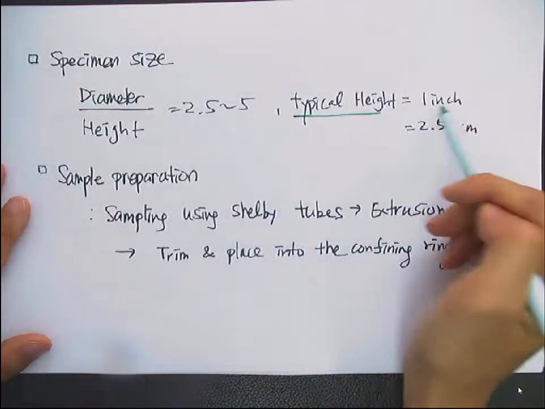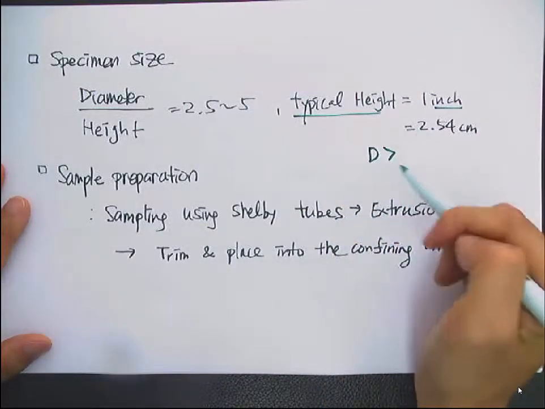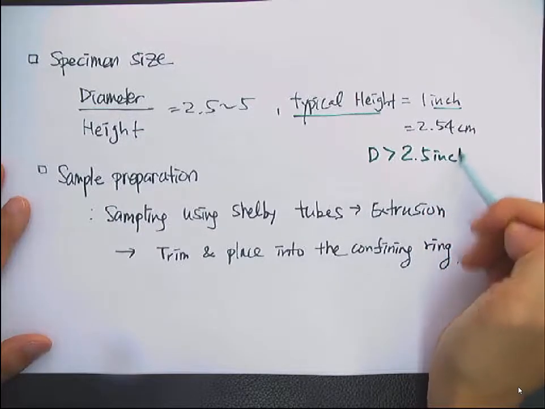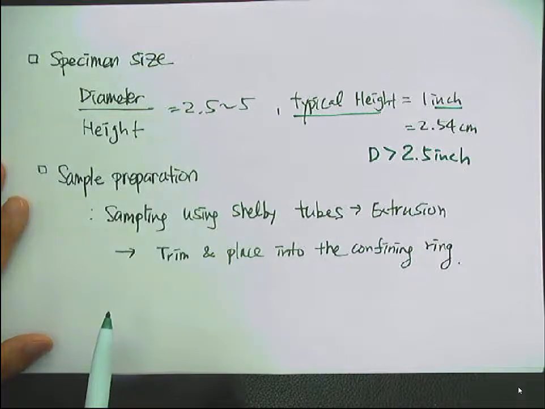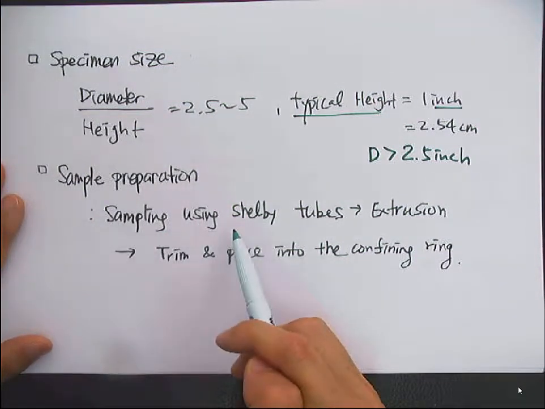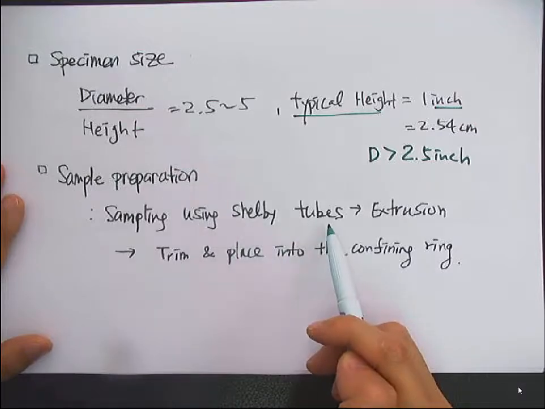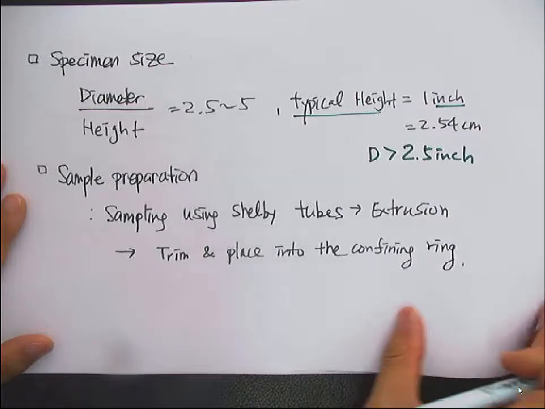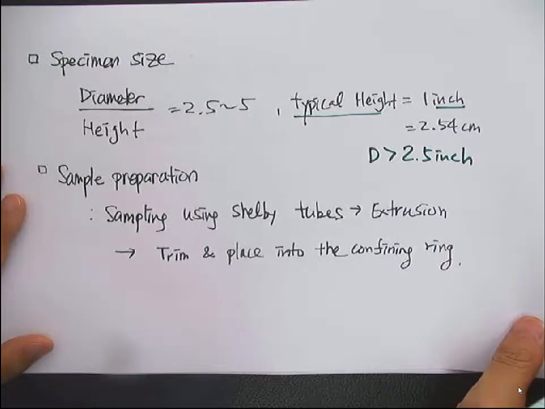Typically, the height is 1 inch and diameter is larger than 2.5 inch. And for sample preparation, you do the sampling usually using the Shelby tube, and you do the extrusion and trim in place into the confining ring. Then you're all set to perform the experiment.